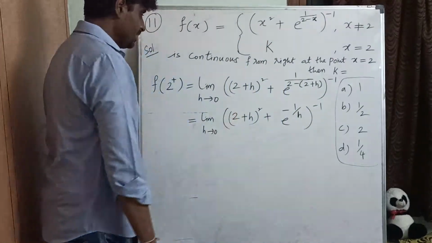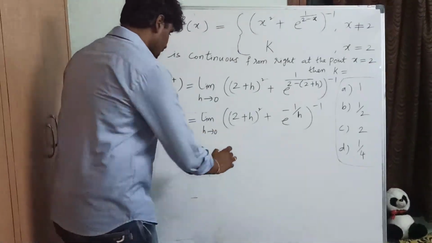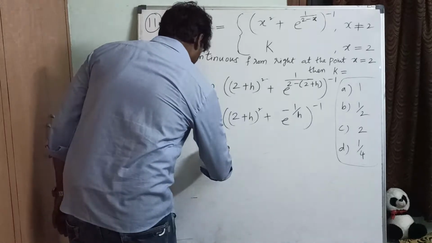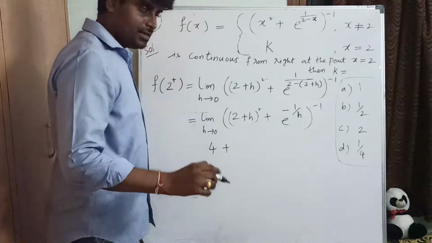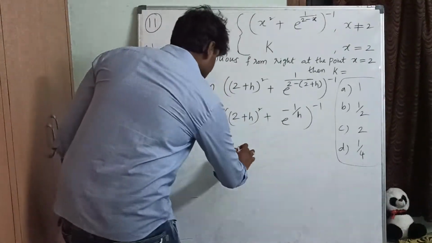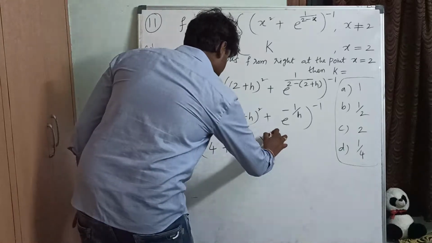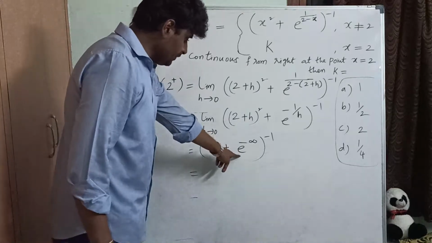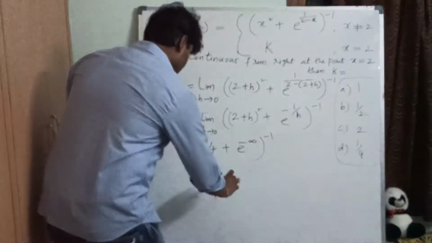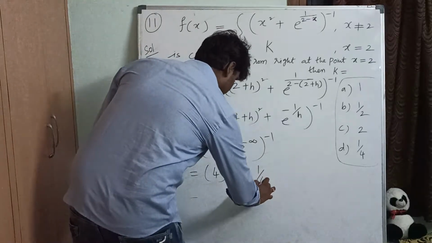Correct or not? Now let us substitute h value 0 there. When you substitute h value 0, 2 plus 0 whole square becomes 4, plus e power minus 1 by 0. So minus 1 by 0 means minus infinity. So e power minus infinity, whole power minus 1. Correct? So e power minus infinity value, as we know, is 0. So 4 power minus 1 gives you 1 by 4.